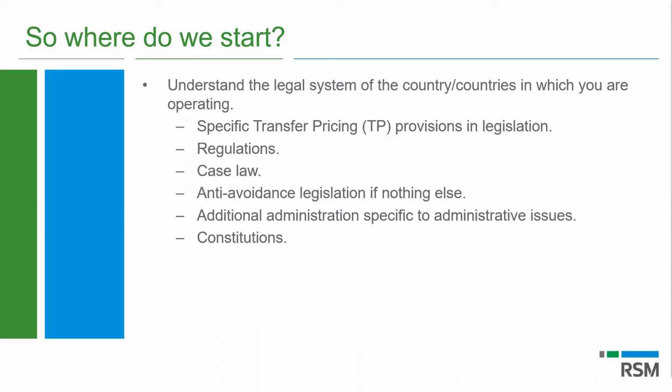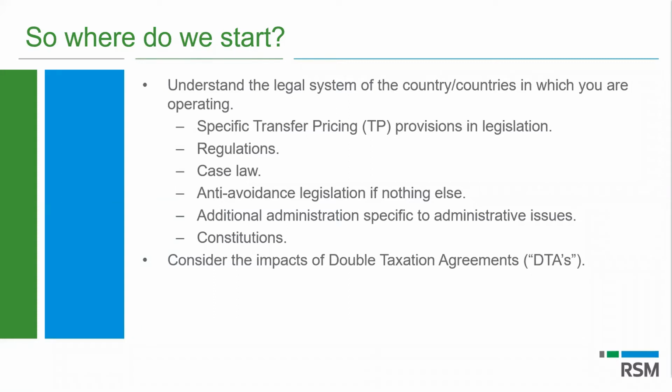And then very lastly, we need to consider the impacts of the double taxation agreements because those obviously are important. Again, we're dealing cross-border, across multi-jurisdictional environments, and you need to then consider whether or not you have DTAs in place, which may or may not defend specific positions that you take.